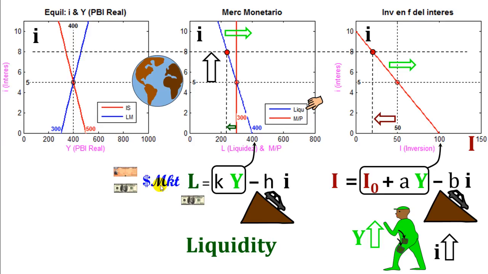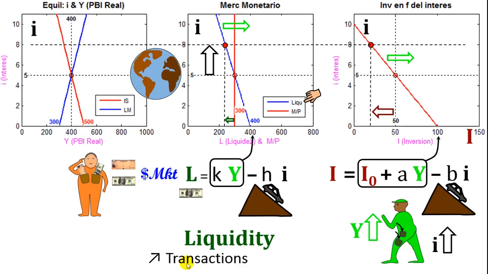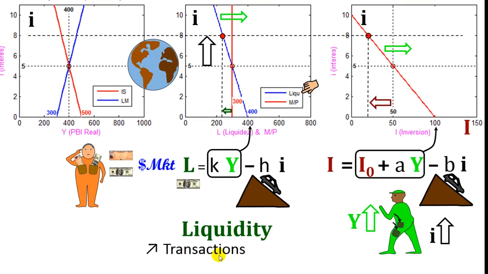Consequently, in the money market, where people have to decide whether to have bonds or money, independently of the interest rate, people with more money in their pockets will want to make more transactions, so people demand more money. So here you have a parallel shift. It doesn't matter what the interest rate is, if you have more money in your pocket, you need more transactions and the money demand increases. So this is what happens in the money market.